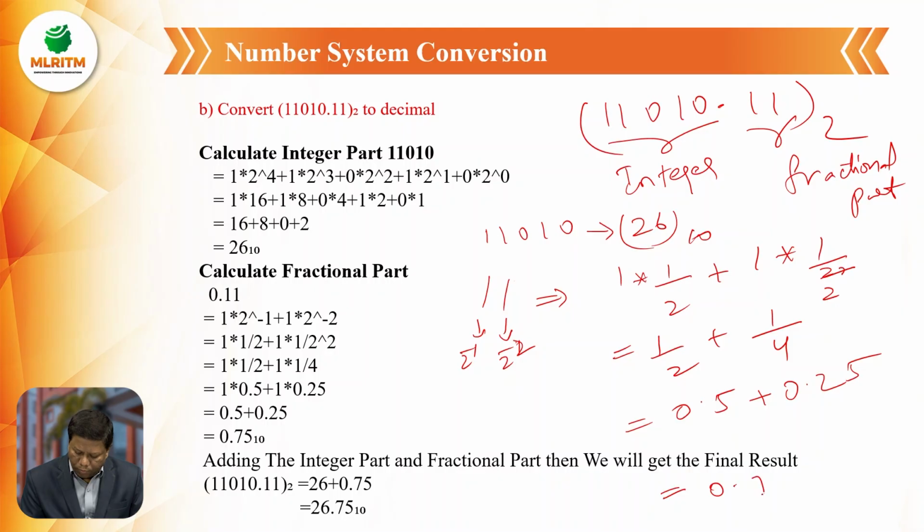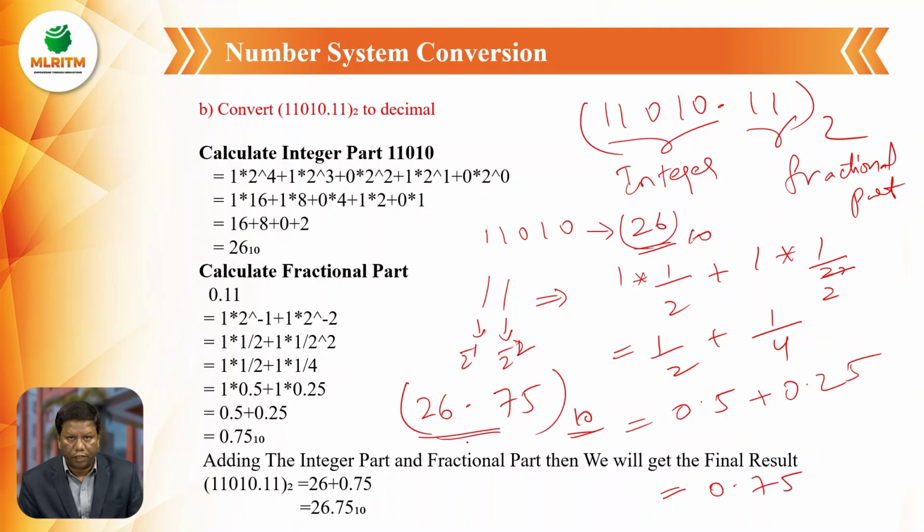By adding these two values, you will get 0.75. So 11010.11 to the base 2, the final result is 26.75.